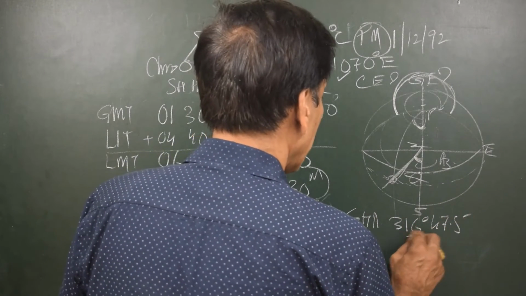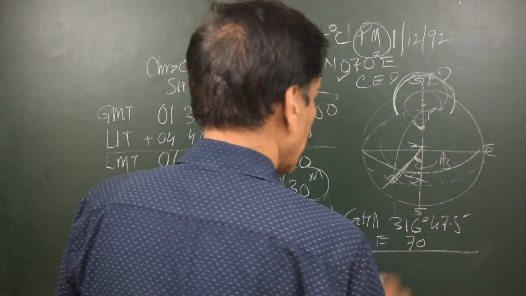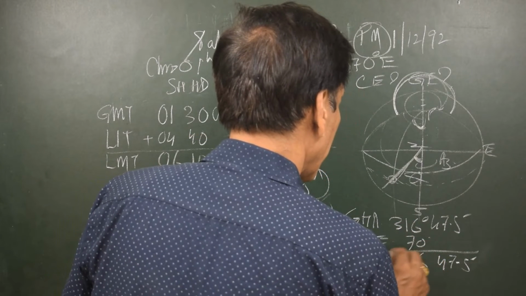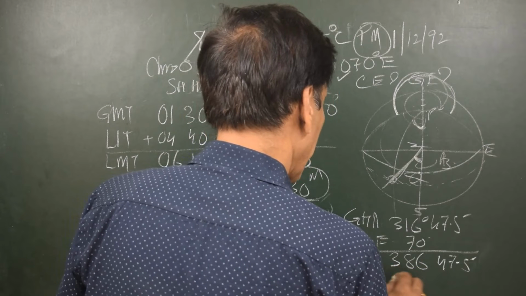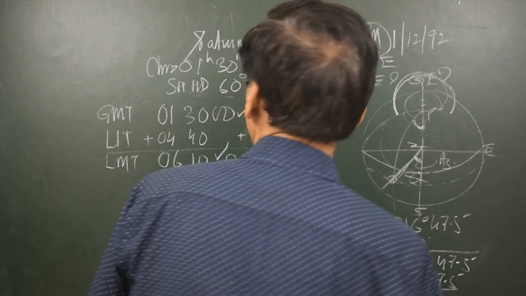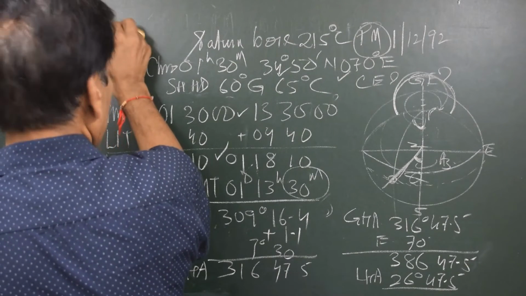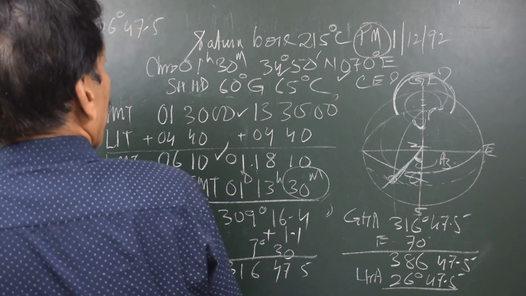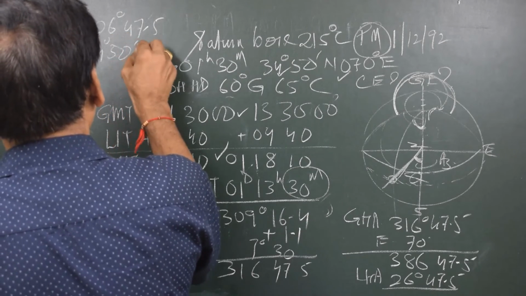Longitude is 70 degrees east. Longitude east, G least, so I will have to add. 316 degrees 47.5 plus 70 gives 386, which means that the LHA can be written as 26 degrees 47.5. So I will write here LHA 26 degrees 47.5, latitude is 34 degrees 50 minutes north.